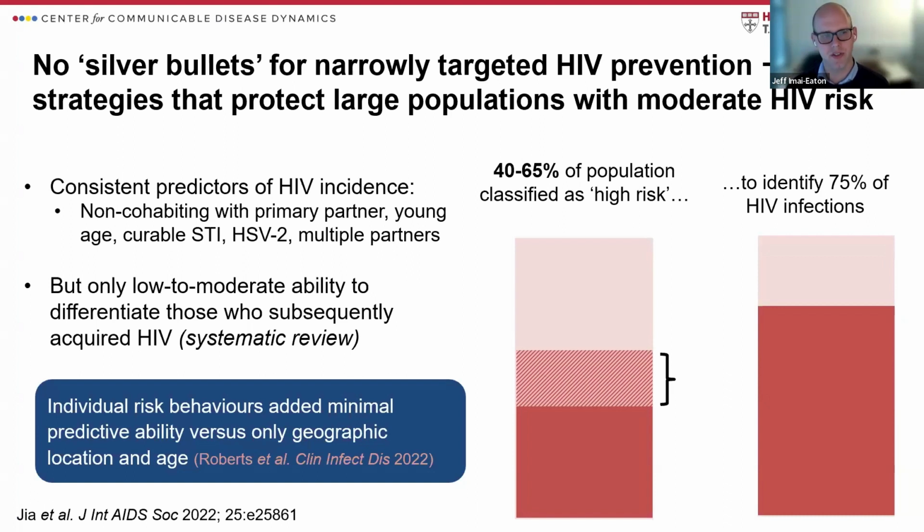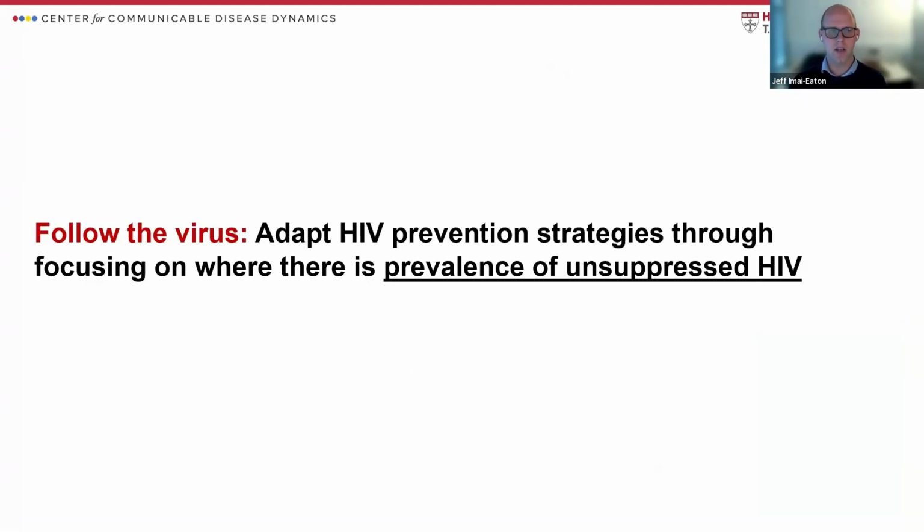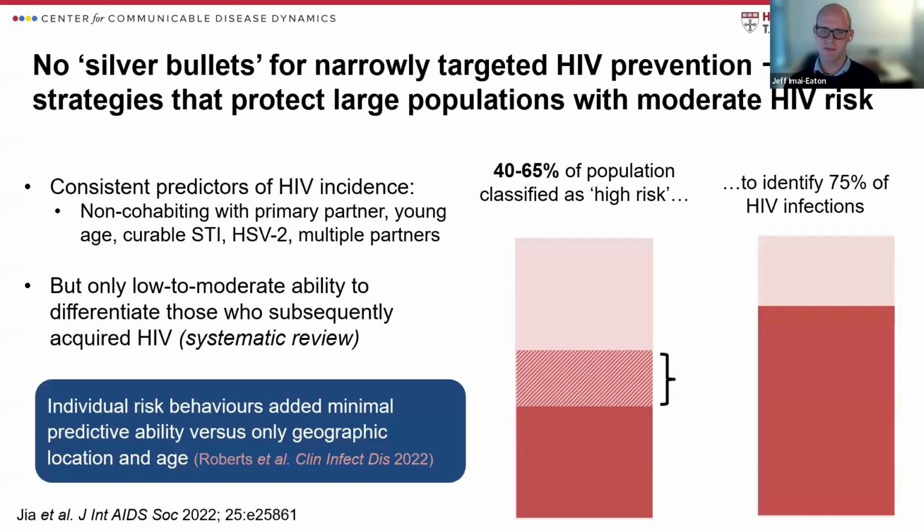Overall, what we see in the literature is that there are consistent predictors of HIV incidence, including non-cohabiting with a primary sexual partner, young age, having a curable STI, having HSV2 infection, or having multiple partners. But together, these predictors only had low to moderate ability to differentiate those who subsequently acquired HIV. So for example, if we wanted to identify 75% of new HIV infections, we would need to classify between 40 to 65% of the population as at high risk for HIV infection. Next slide.